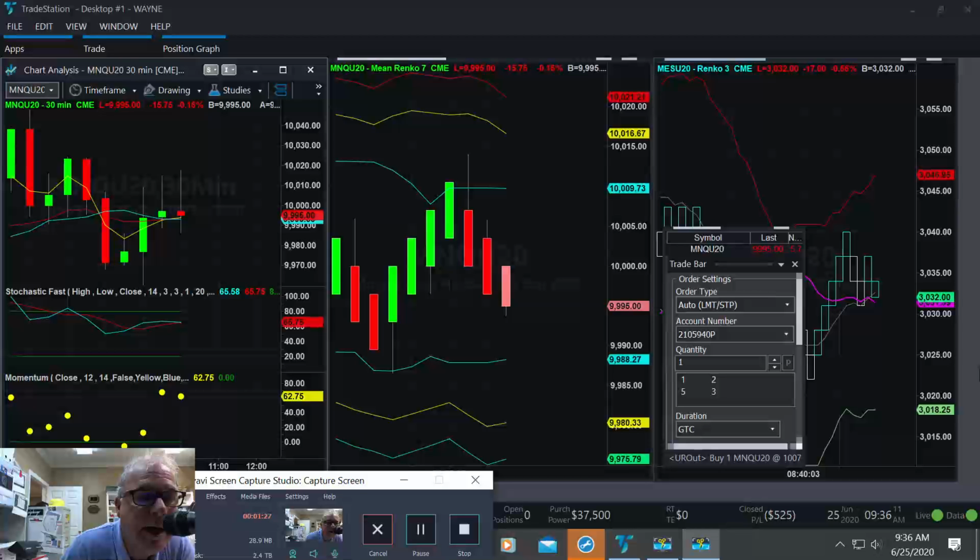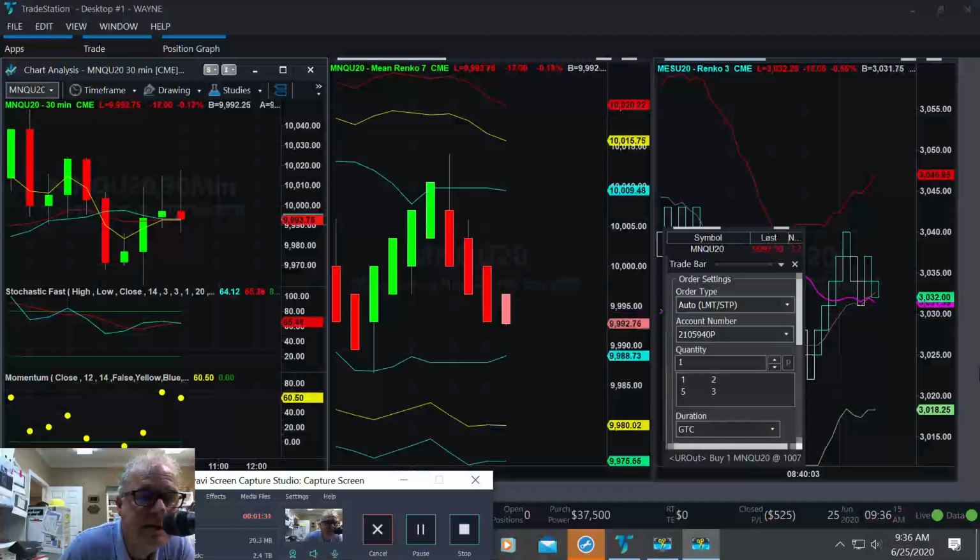We had an overnight high on the S&P last night of 3056.50, an overnight low of 3005.50. We're right in the middle right now, so don't diddle in the middle. My preferred trade is to let it come in some and then buy and add.